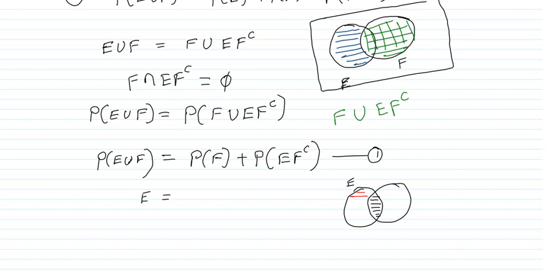One part is exactly E intersection with F, and the other part, the red color part, is E intersection with F complement. You can see that these two are disjoint.